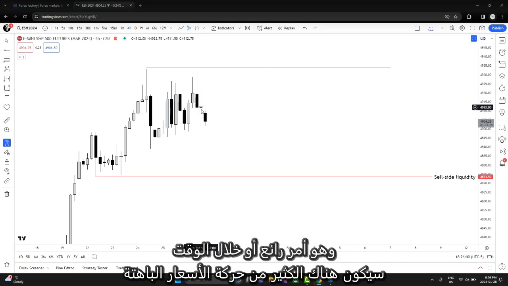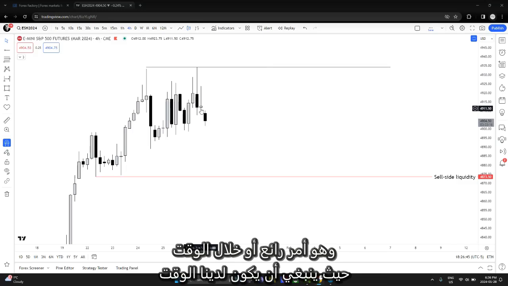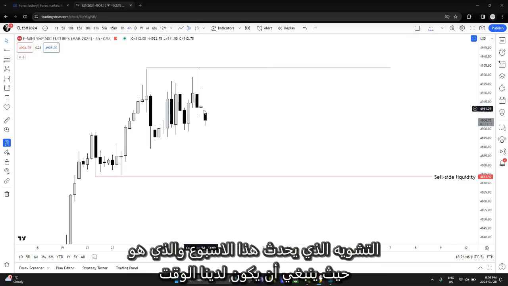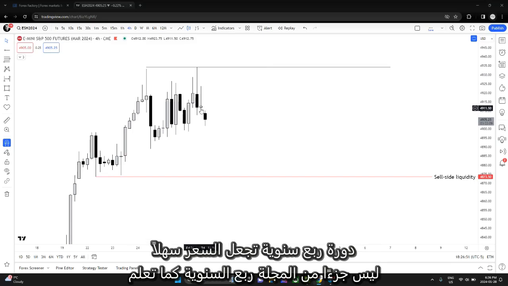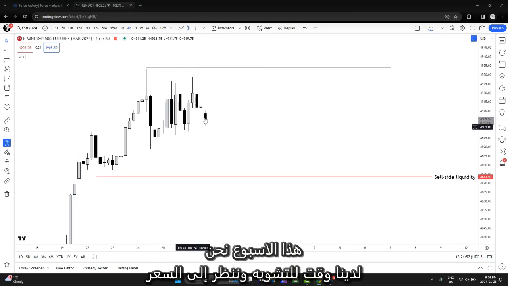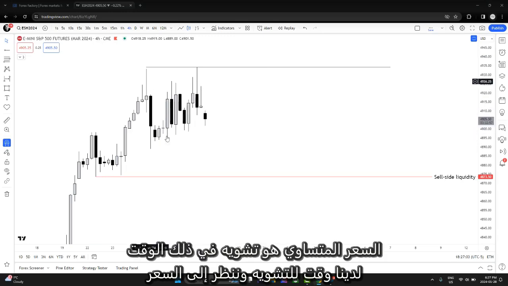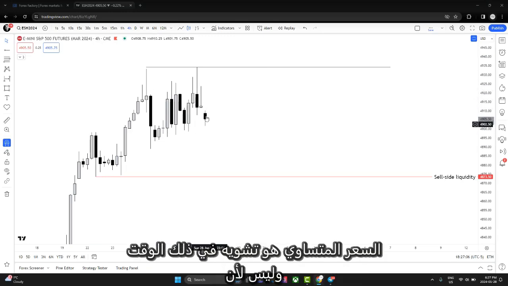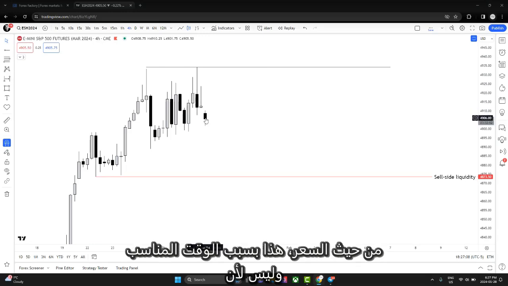And it's fascinating, during the time where we should have time distortion, which is this week, which is not a part of the quarterly cycle, which makes price easy to read. This week we have time distortion, and look at price. Even price is distorting at that time, and it's not because of price; it's because of the time.